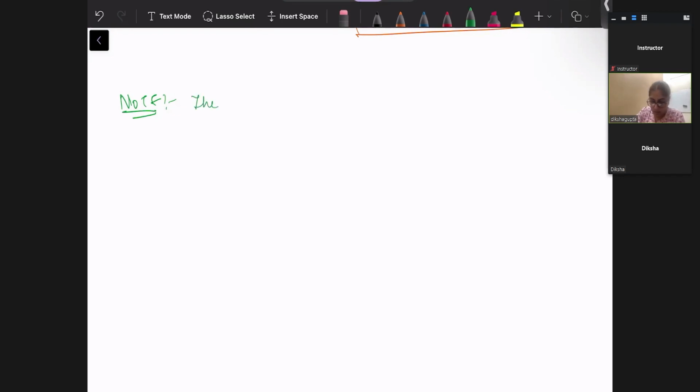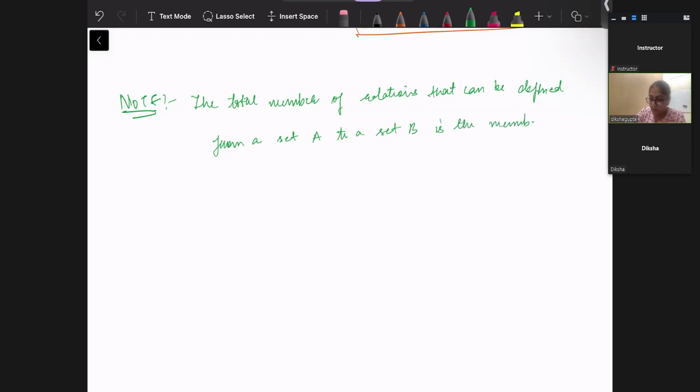Okay, so the note is: the total number of relations that can be defined from a set A to a set B is the number of possible subsets of A cross B. जितने नंबर ऑफ सबसेट्स होंगे ए क्रॉस बी के उतने ही नंबर ऑफ रिलेशन हो सकते हैं, because any relation is a subset of A cross B, we cannot exceed that. So the number of relations is the number of possible subsets of A cross B, right?